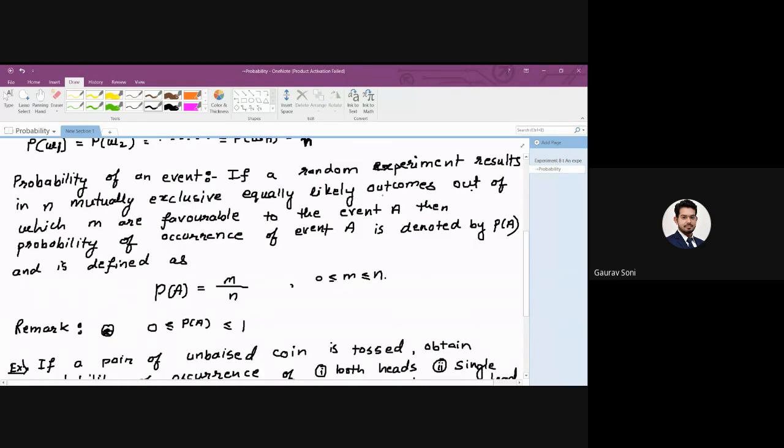Then and only then can you use this definition. In our syllabus we only look at equiprobable sample spaces. Fine, that's all from my side. If there is any difficulty, you can ask.